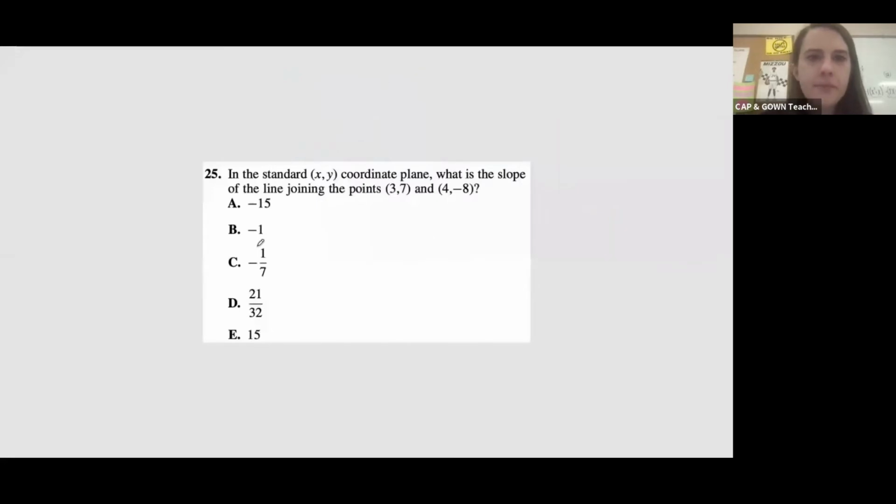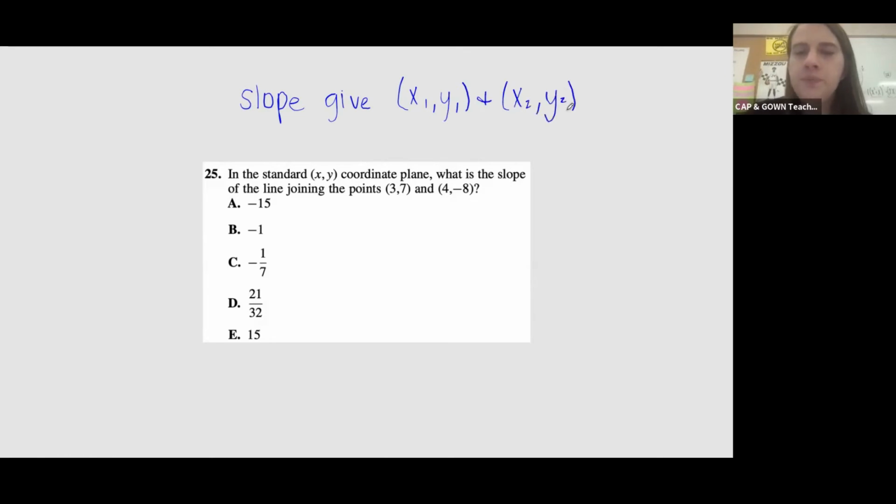Okay, 25. In the standard XY coordinate plane, what is the slope of the line joining the points 3, 7, and 4, -8? This is a formula that you will have to memorize. I hope you already do. Your slope formula, given 2 points, x1, y1, and x2, y2.